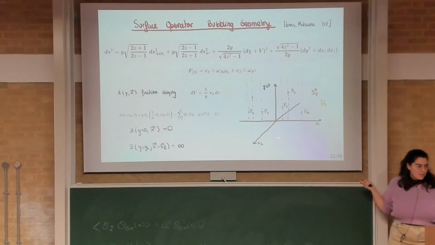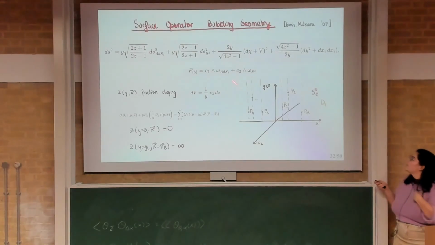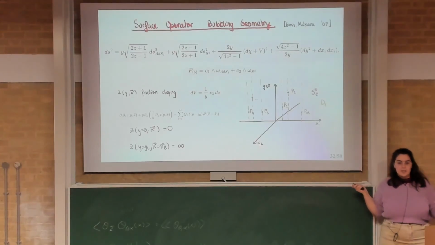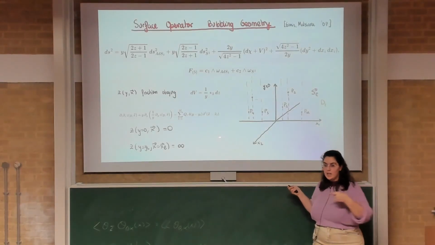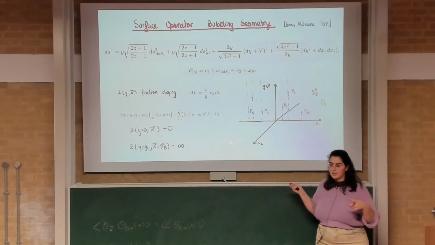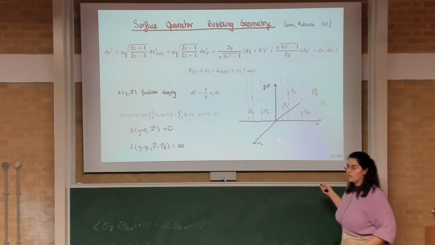The asymptotics are AdS5 cross S5, I will show now, but most of the problem of evaluating the 10D on-shell action is how we find these asymptotics, what is the correct radial coordinate, what is the correct cutoff for the radial coordinate. This is what I'm going to be discussing.